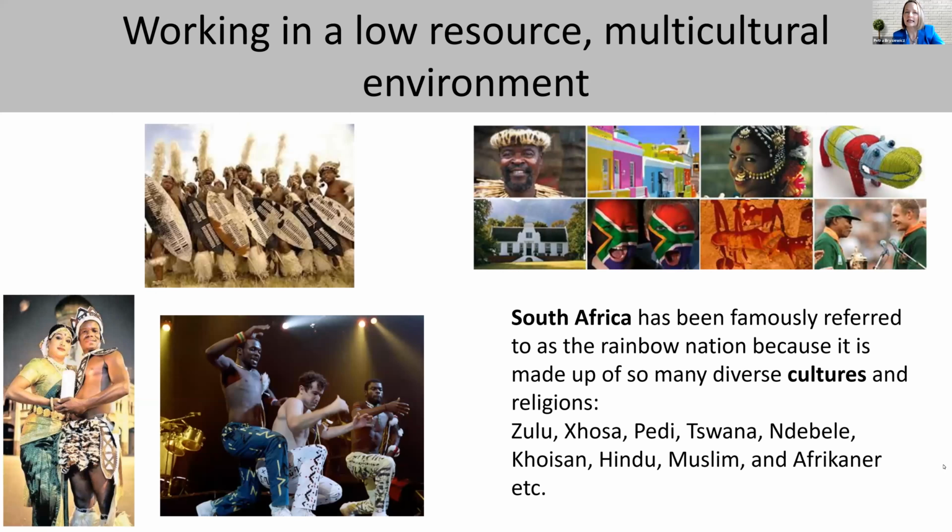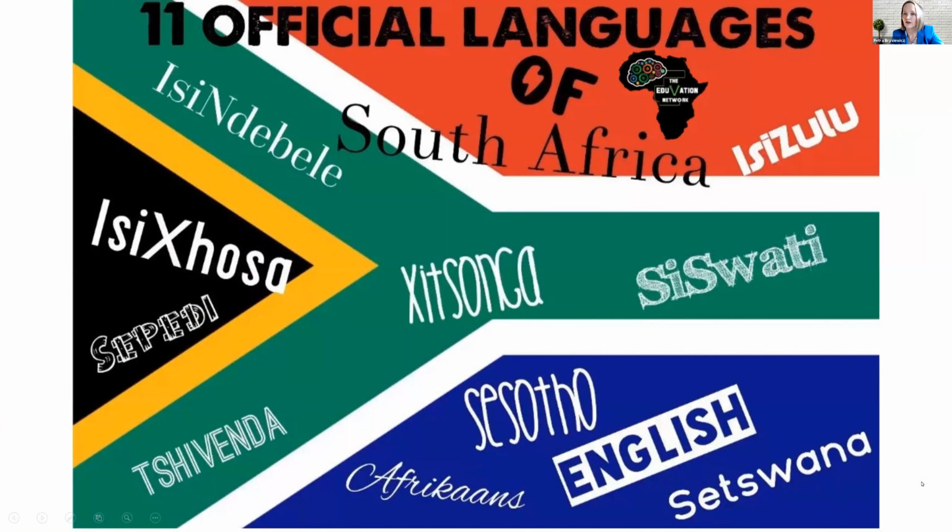So for me, I think what makes it unique is that we are often working in a low resource, multicultural environment. South Africa is famously referred to as a rainbow nation, and that's because we're made up of so many diverse cultures and religions. And on this slide, I've just tried to illustrate a little of that. We have 11 official languages, which sometimes can make it quite challenging, but that just serves to showcase how diverse we are.